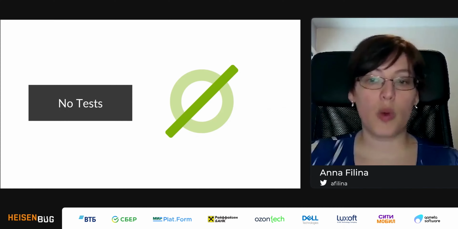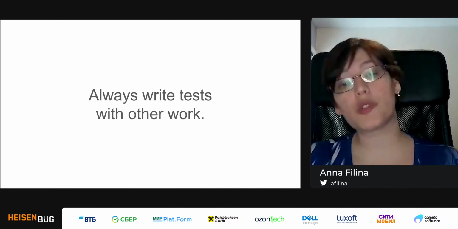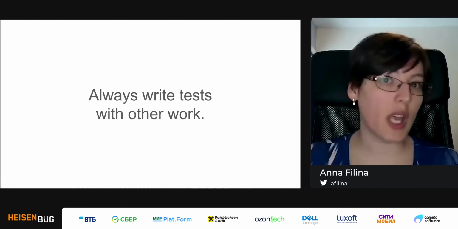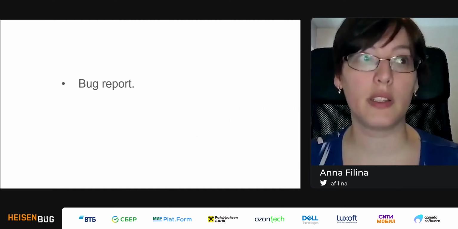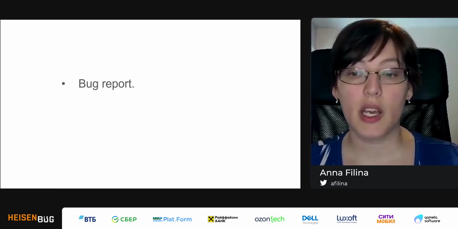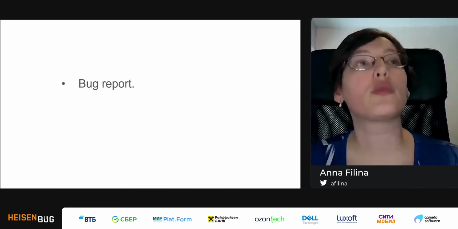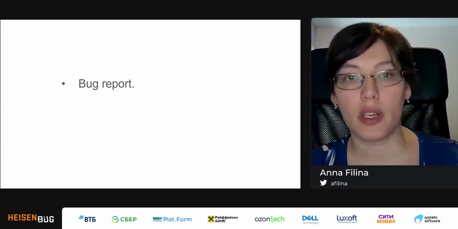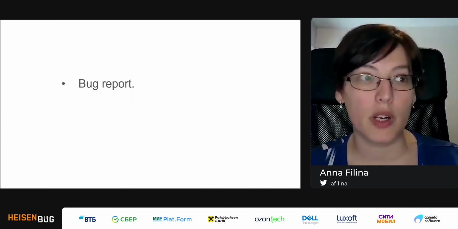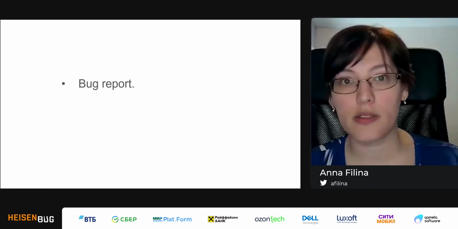And so what I like to do, and what I recommend that people do, is always write tests while doing other work. So for example, if somebody reports a bug, instead of going in and doing the fix manually, we can create an automated test right away. When we try to reproduce a bug manually, we might go into the database and put the database in the right state for it to go through the line of code that is currently a problem.